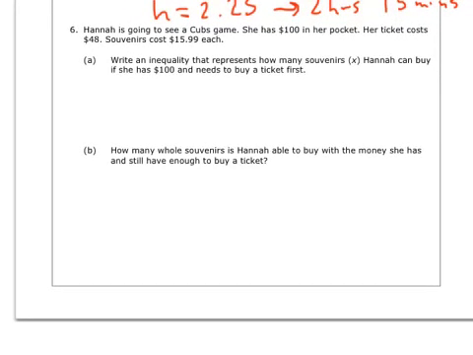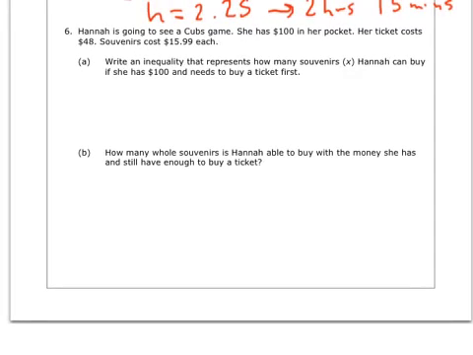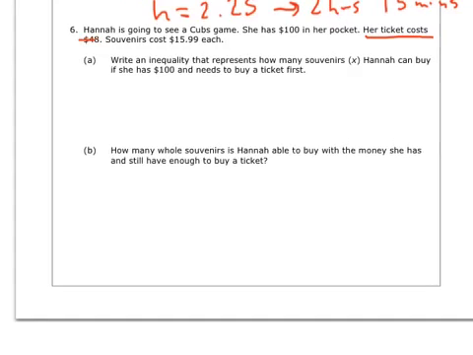Okay. Hannah is going to see a Cubs game. She has $100 in her pocket. Her ticket costs $48. That's going to be important. She has $100 in her pocket. That's also going to be important.